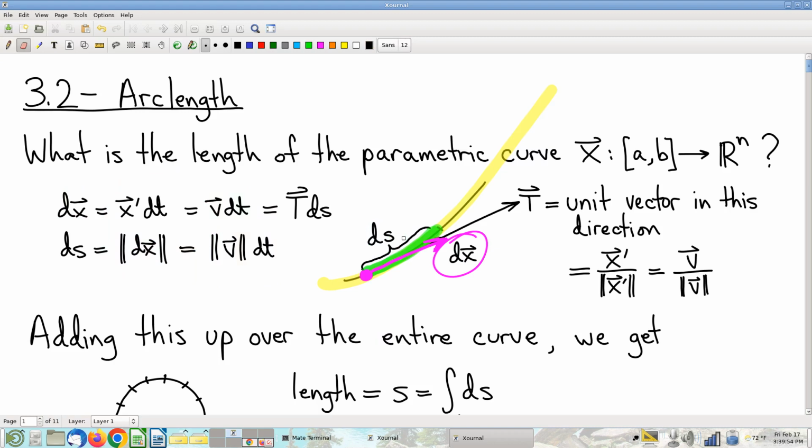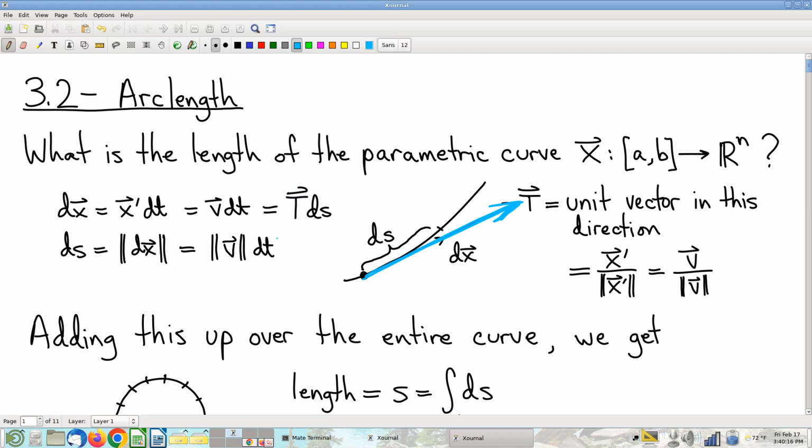Now what's the deal then with this thing? I'm going to use blue. This vector right here. This is what we call the unit tangent vector. But what can we say about this unit tangent vector?